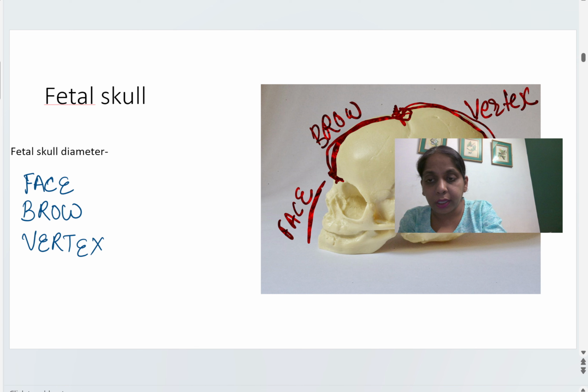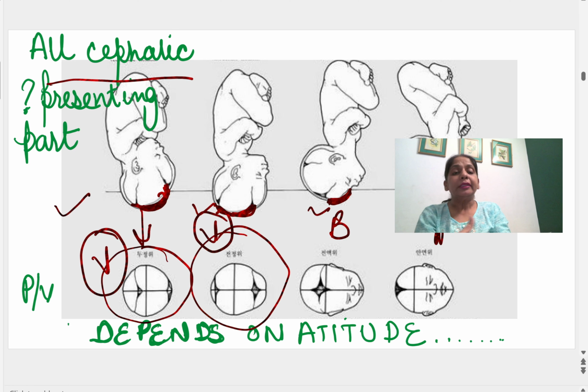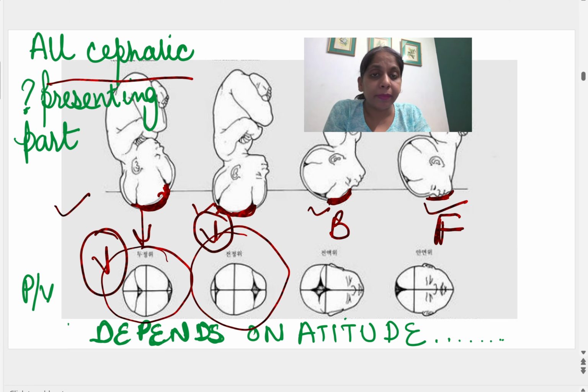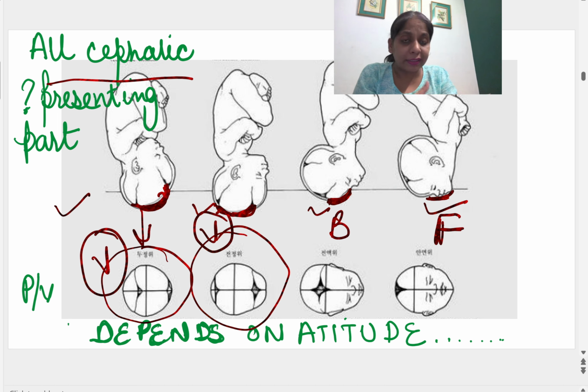Now you can see that in cephalic these are the different presentations. What factor decides which presenting part will be there? It depends on the flexion of the neck, which is known as attitude. Normally the attitude is flexed like this, fully flexed.